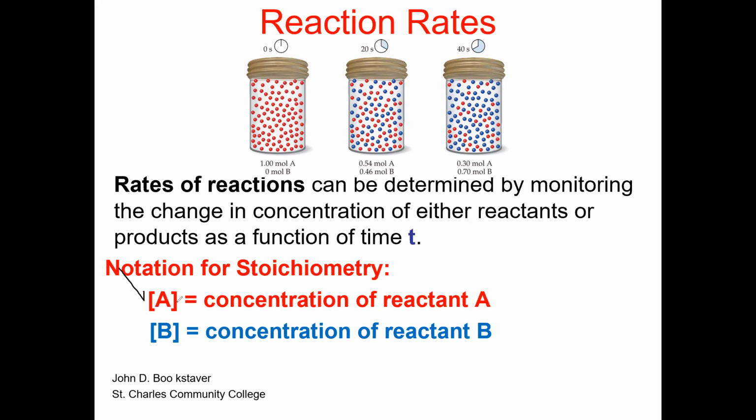So [A] is the concentration of reactant A, and [B] is the concentration of B. So this is what we mean by the rates of the reaction.